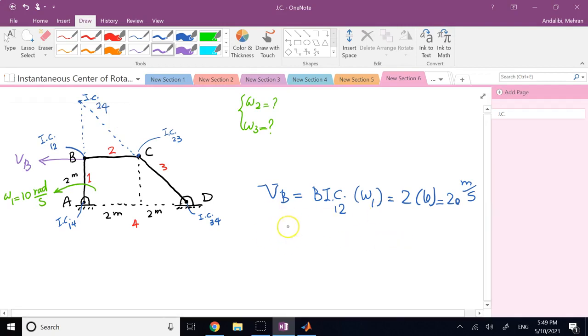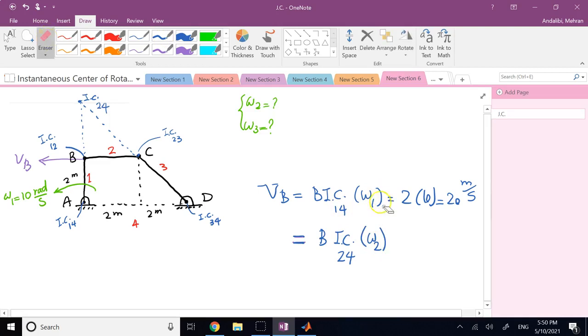So I can also say this V of B that I just found is also equal to the distance from B to the IC of 2, 4. Okay, and this is, by the way, 1, 4, not 1, 2. 1, 4. Okay, times omega of 2. And again, I can write this omega 1, 4. I can write it omega 2, 4.